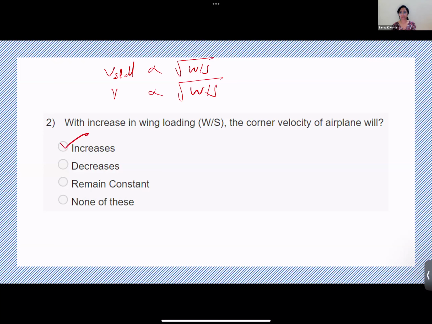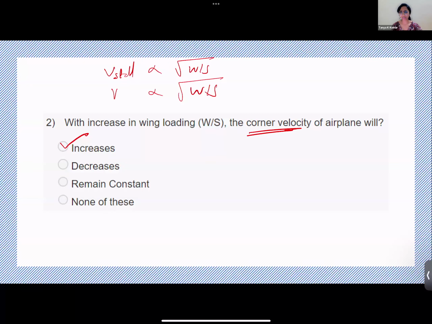What is corner velocity? You've all solved the assignment, so you might have gone over this concept.